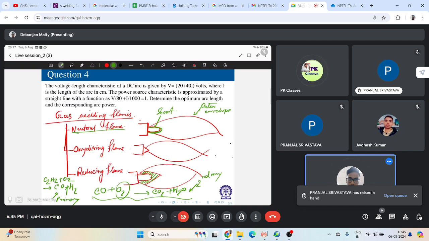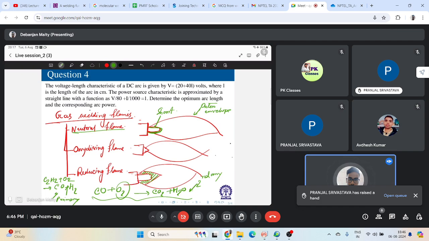So the area where the secondary combustion takes place is called outer envelope. So that is the main funda on what is happening on your inner core, what is happening on your outer envelope. Primary combustion takes place in your inner core, and secondary combustion is taking place in your outer envelope.